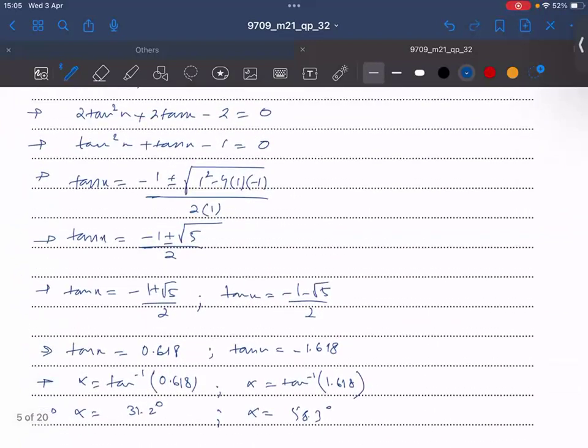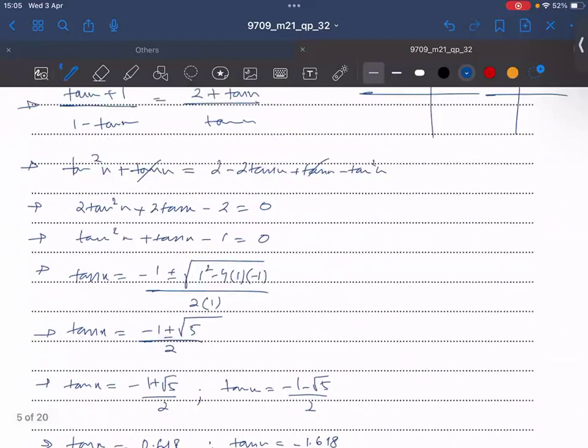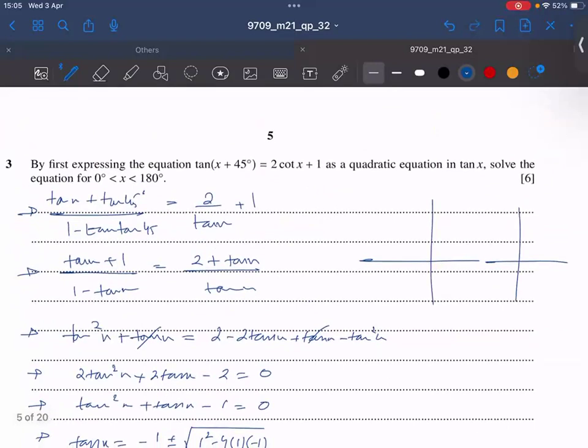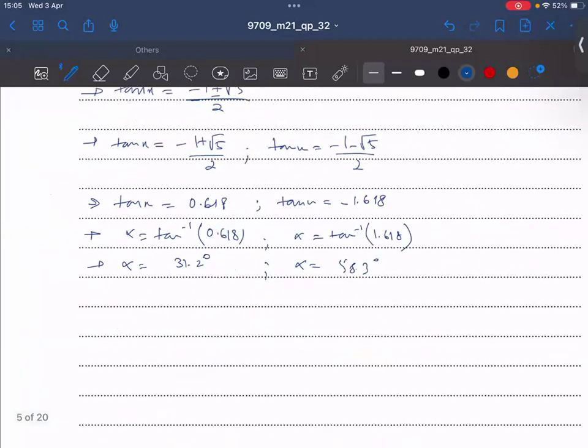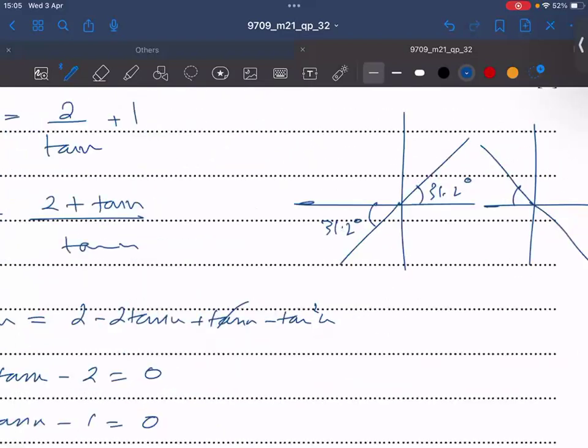So for positive, the basic angle is 31.2, and for negative, it's 58.3.